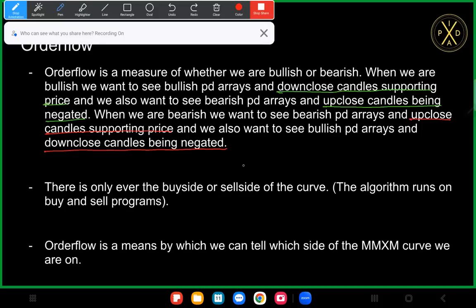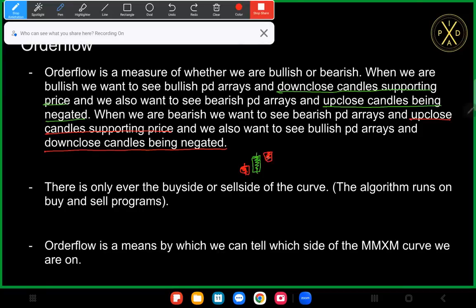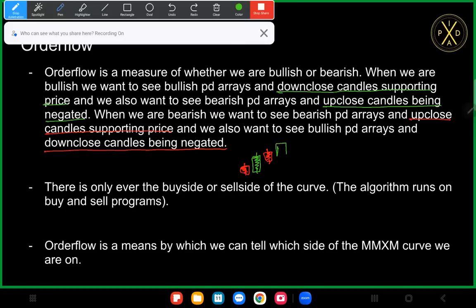So when we're bullish, price is going to do something like this, right? So we come back down into that down close candle, and then we do something like this.